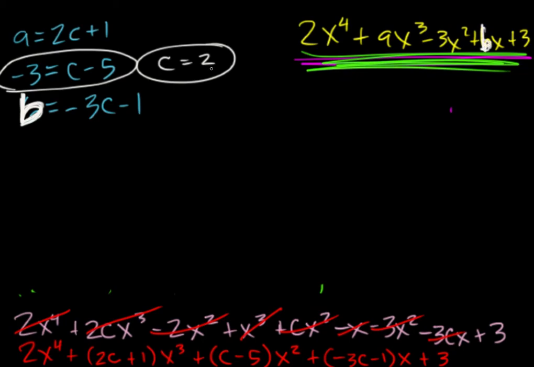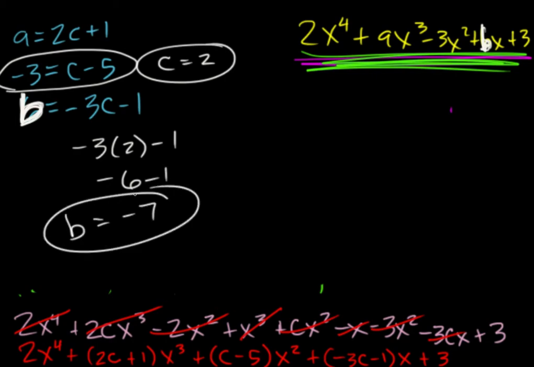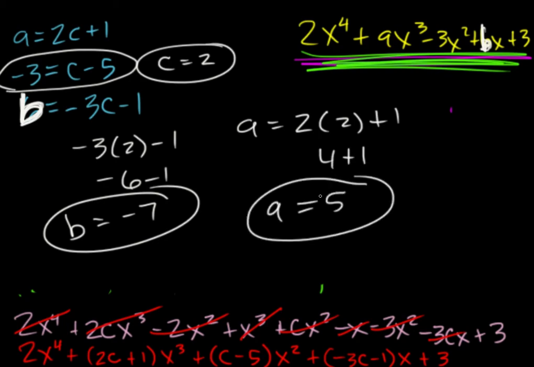Now I can plug in the 2 here: negative 3 times 2 minus 1, that's negative 6 minus 1, negative 7 is equal to b. And then I can plug in the c up there: a is equal to 2 times 2 plus 1, 4 plus 1, which is 5, which is a. So we found a and b, which is all we were required to find, I think.